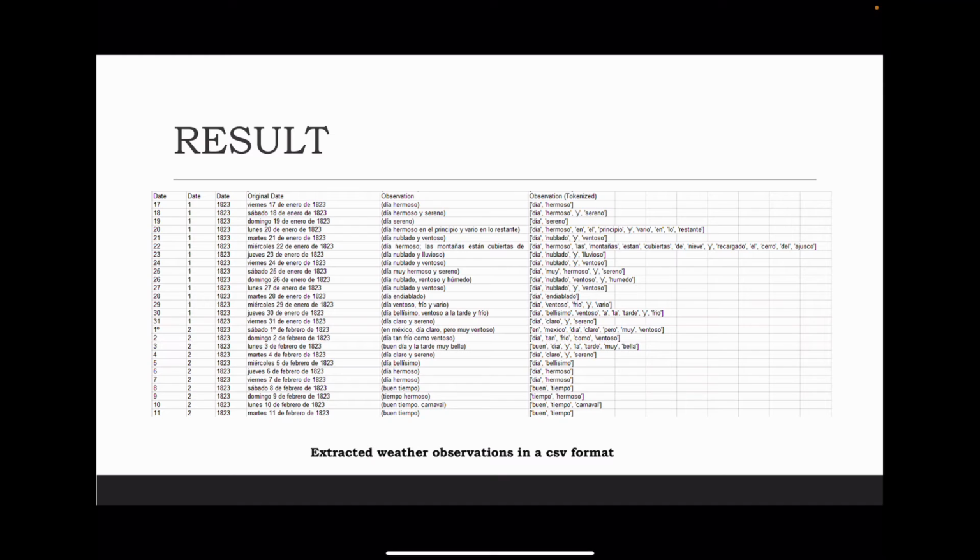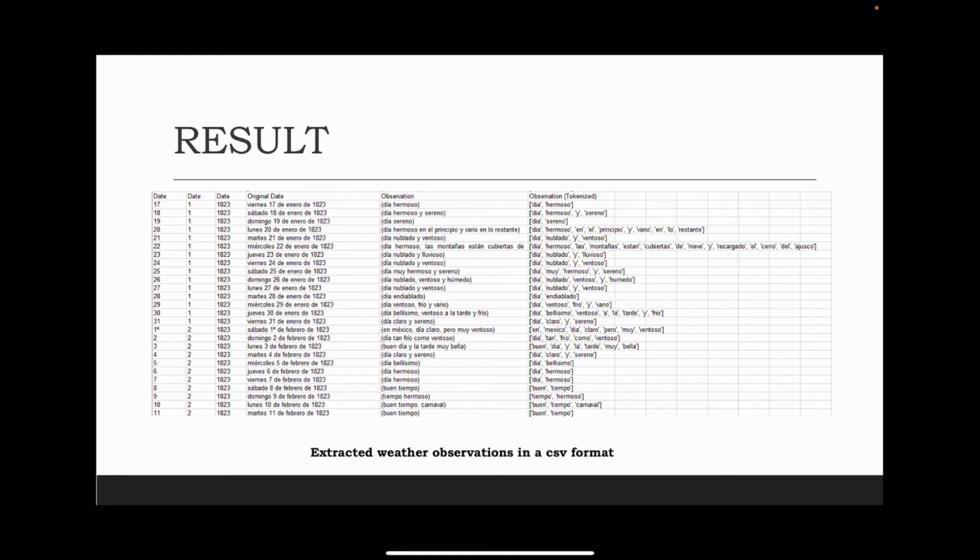This is what we got in the end. The first column contains the date, the second column contains the month, the third column contains the year, and the fourth column contains the original format of the date that was in the PDF. So we extracted the first three columns from the fourth column.